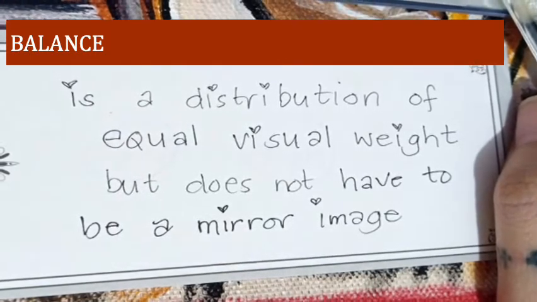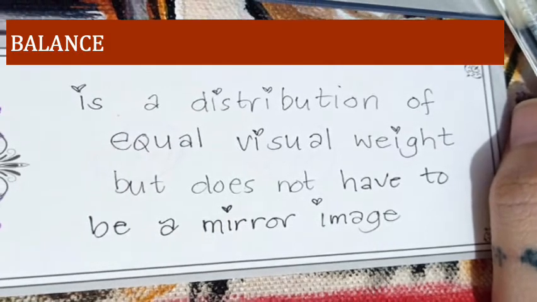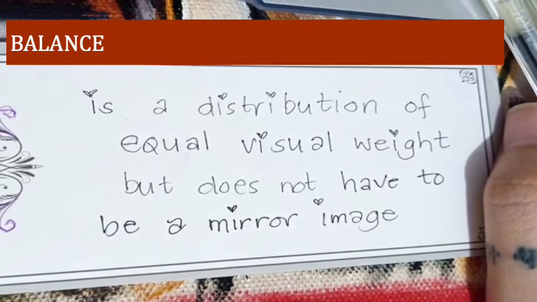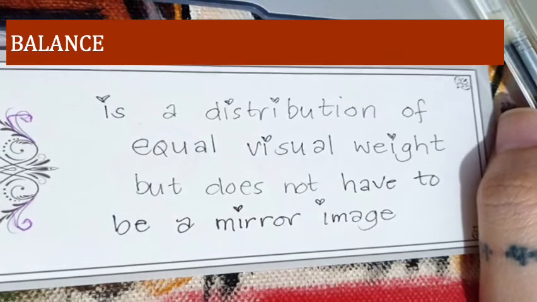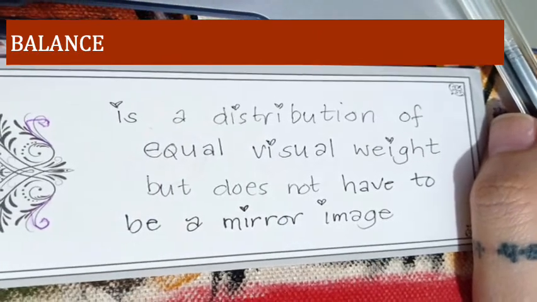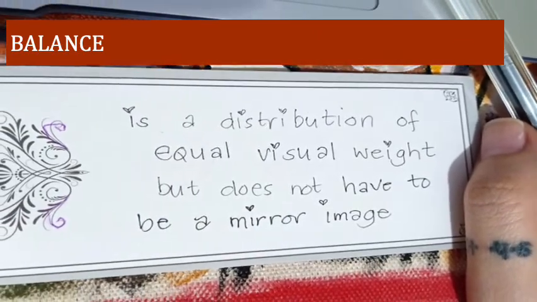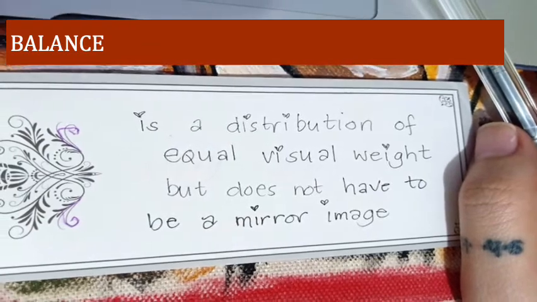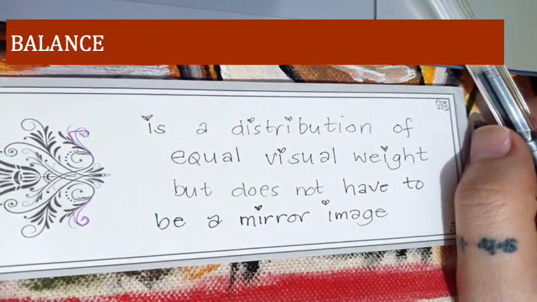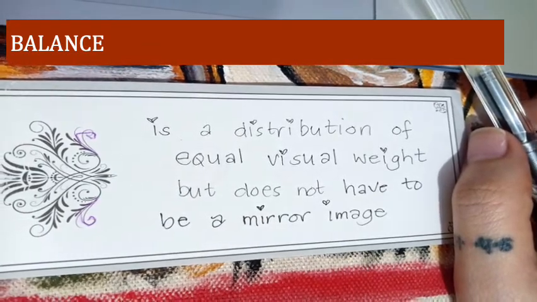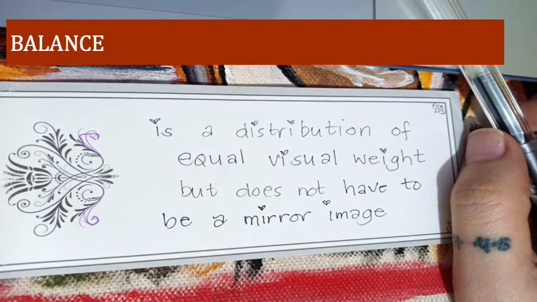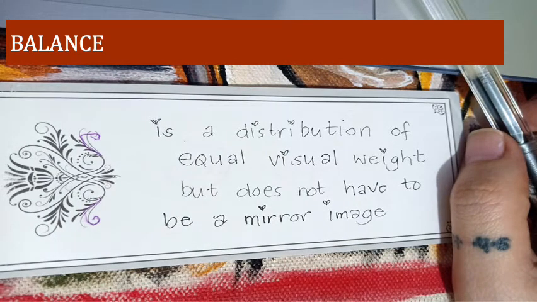When we say symmetrical balance, from the word itself, symmetry, it means they are identical. Symmetrical artworks are those artworks that have mirrored or identical objects, as shown here in this example.